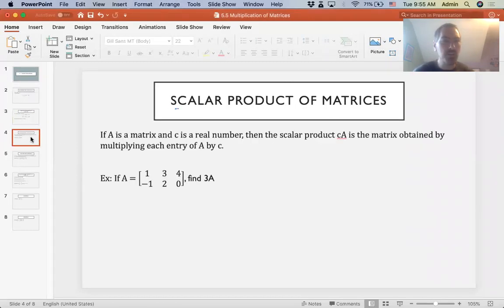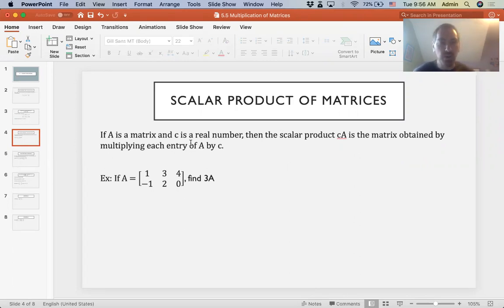The other operation that we'll see in this video is the scalar product. This is a multiplication of matrices, but not a matrix times a matrix. We're going to multiply a matrix times a scalar, and scalar just being a real number. So we're just multiplying a matrix times a number. And when doing the scalar multiplication, the scalar product of matrices, we're simply multiplying that scalar by every entry in the matrix.